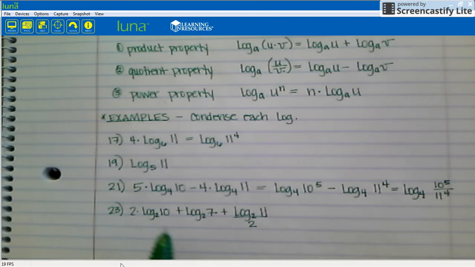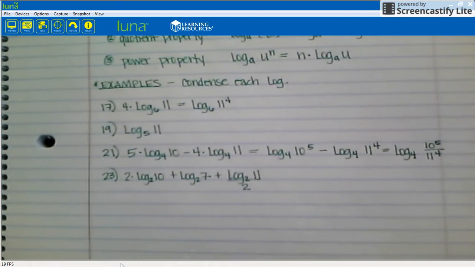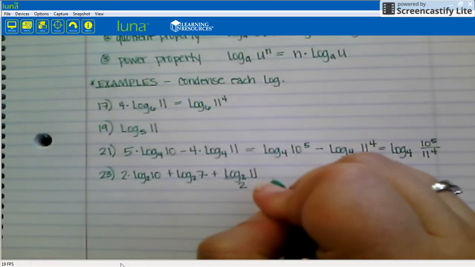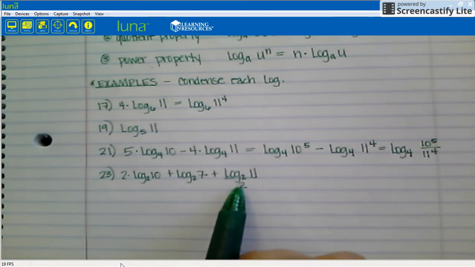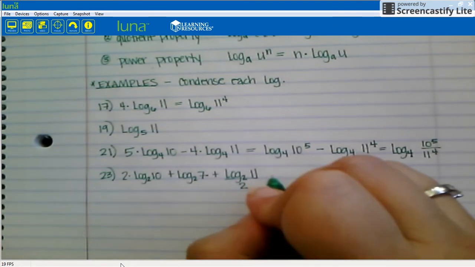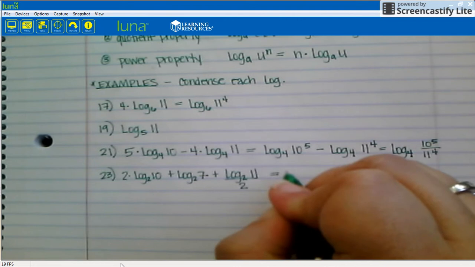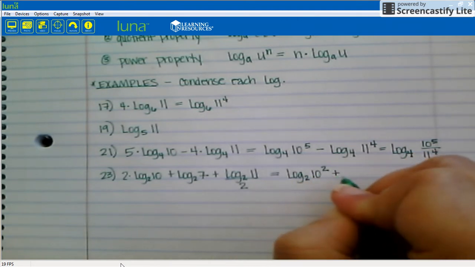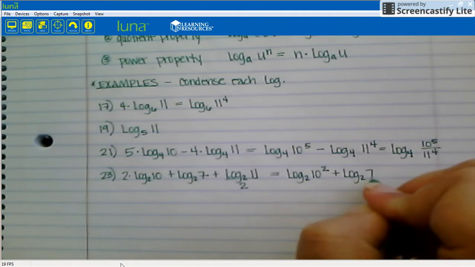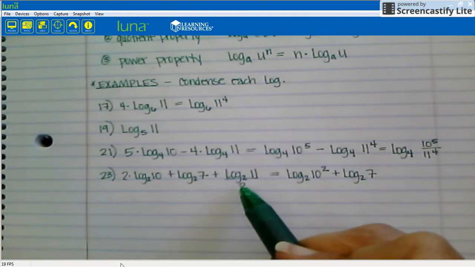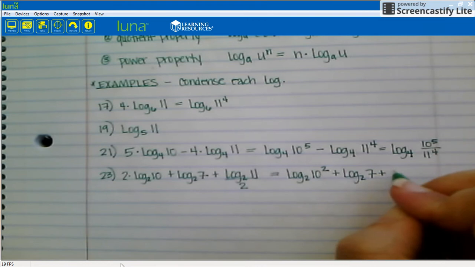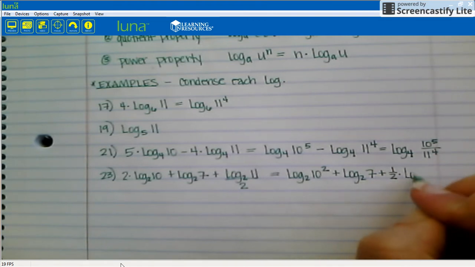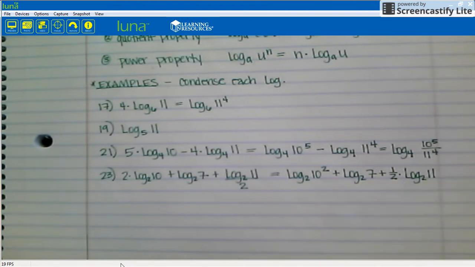Okay, so I'm going to take the time to rewrite each one of these using the power property. So the very first thing I'm going to do is rewrite this one so that it becomes log base 2 of 10 squared. And log base 2 of 7 doesn't change, it just is. Well, this divided by 2 actually means multiplied by 1/2. So I have 1/2 times the log base 2 of 11.